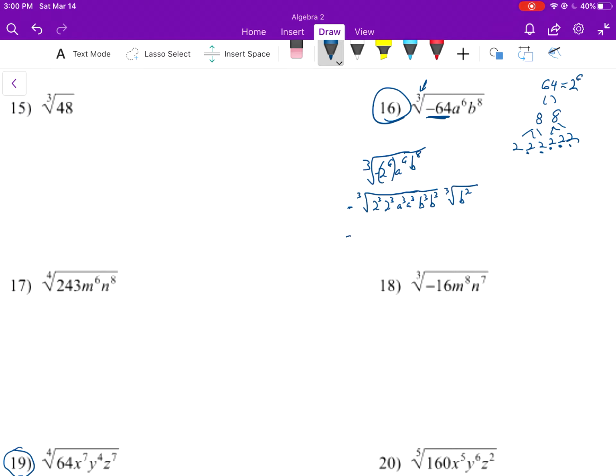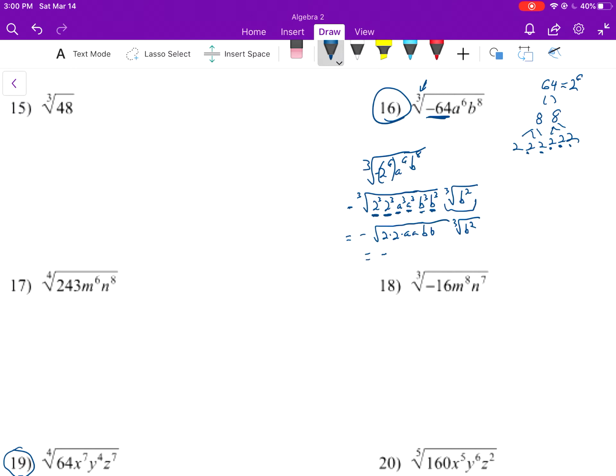And so working towards our answer, the cubed root of 2 cubed is 2. The cubed root of 2 cubed is 2. The cubed root of a cubed is a. The cubed root of a cubed is a. The cubed root of b cubed is b, and the cubed root of b cubed is b. That was a lot to say. And then this one cannot be simplified, so we keep that as the cubed root of b squared. And finally, we have our answer of negative.